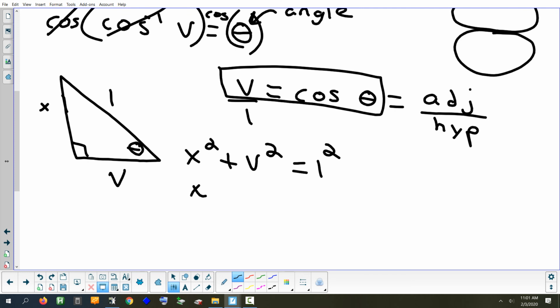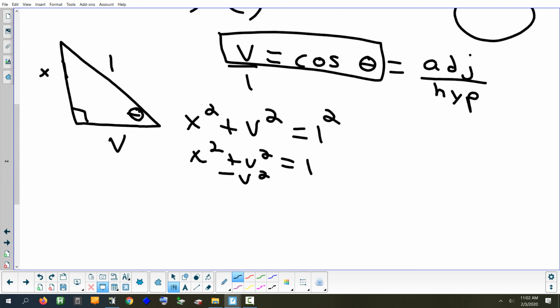Right? So we can go x squared plus v squared equals 1, because 1 squared is just 1. How would we move the v squared to the other side? Yep, subtract. There's not really a lot you can do other than just write x squared is 1 minus v squared.